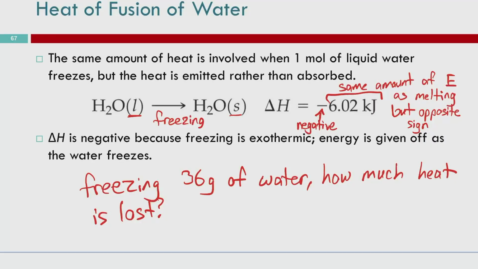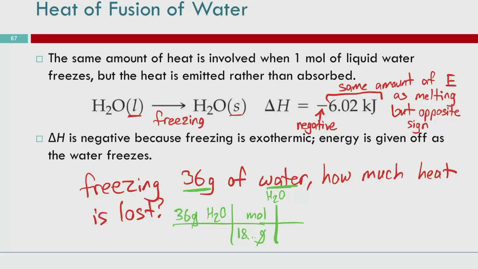So the starting amount, 36 grams, we know that it's H2O water. Our molar mass of water is right around 18. I'm just going to call it 18. That's why I picked 36, so it would work out nicely. So we can see 36 over 18, that's 2, trust me. So 2 moles of water.